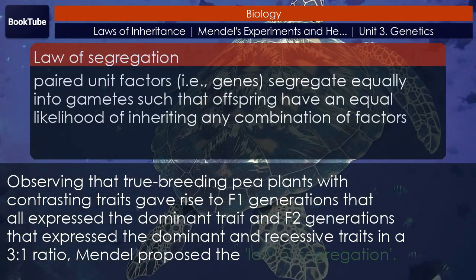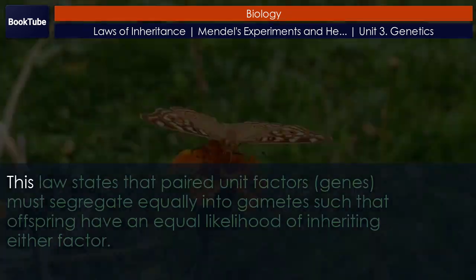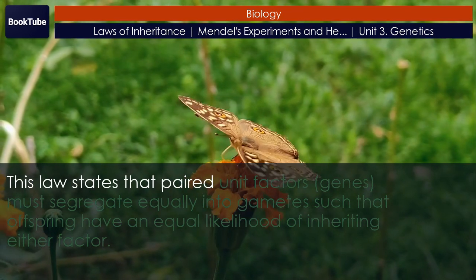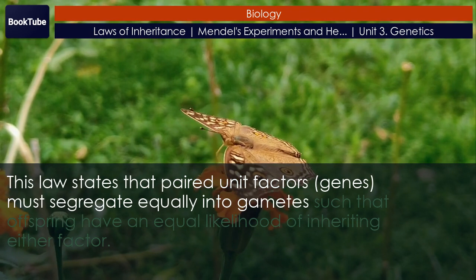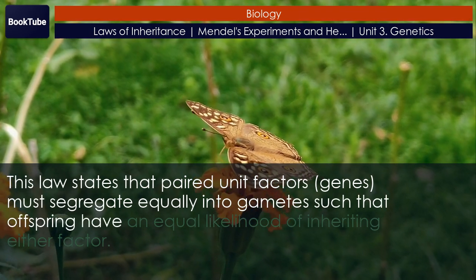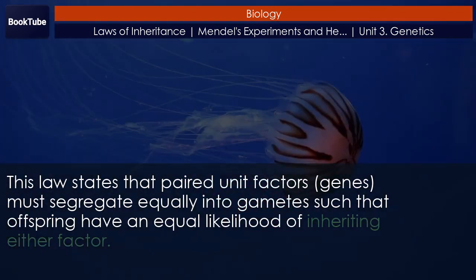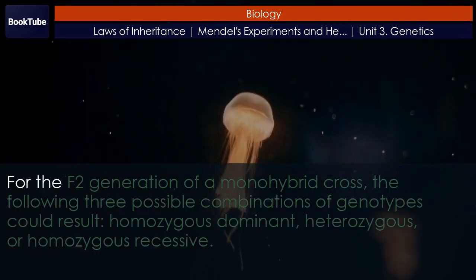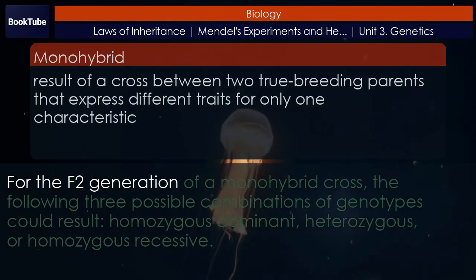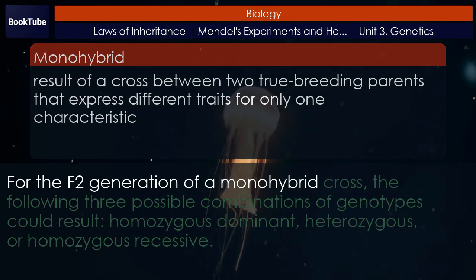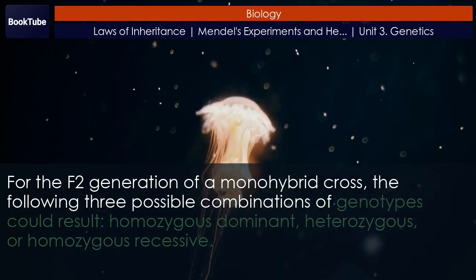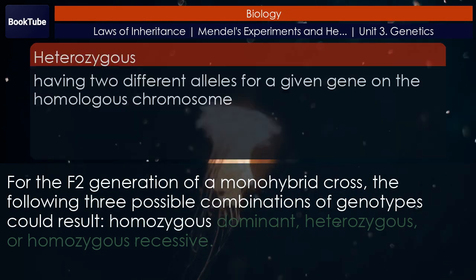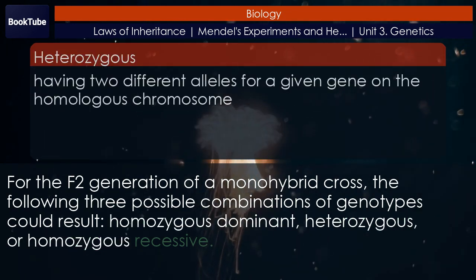Mendel proposed the law of segregation. This law states that paired unit factors, genes, must segregate equally into gametes such that offspring have an equal likelihood of inheriting either factor. For the F2 generation of a monohybrid cross, the following 3 possible combinations of genotypes could result: homozygous dominant, heterozygous, or homozygous recessive.